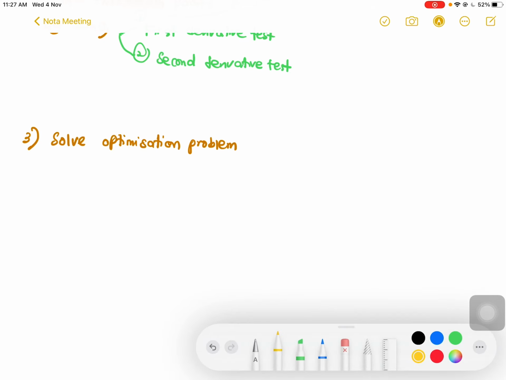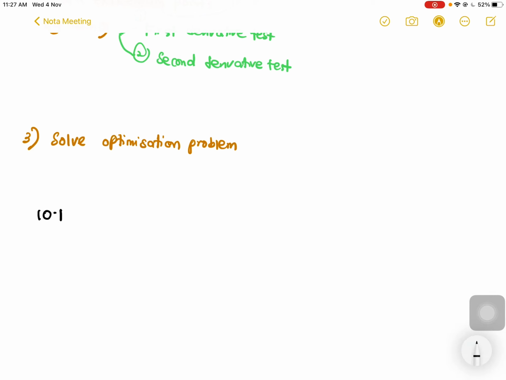So we go to 10.1 to find the critical point.